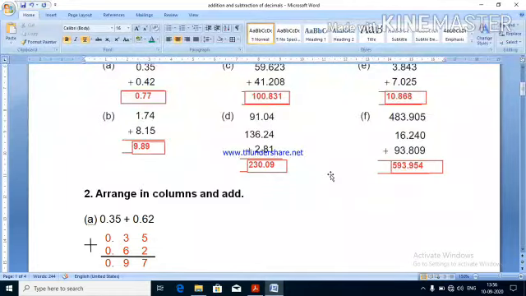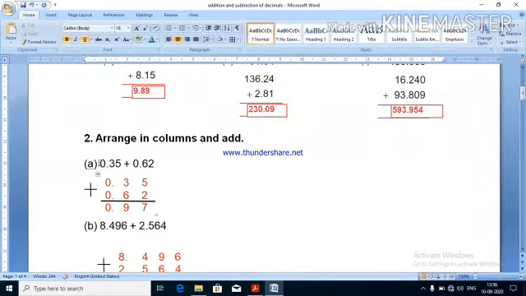In the next, this is the question given, but you have to arrange this in a column and then add. So 0.35 and 0.62. Okay, this gives you 5 plus 2 is 7, 3 plus 6 is 9, 0 plus 0 is 0.